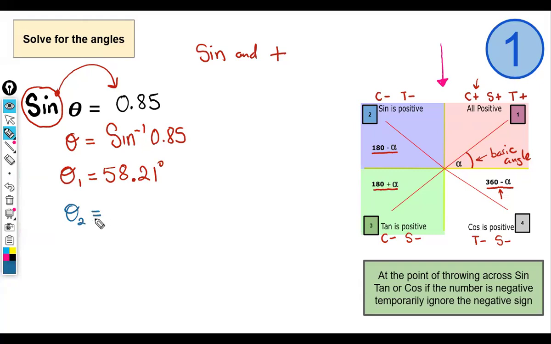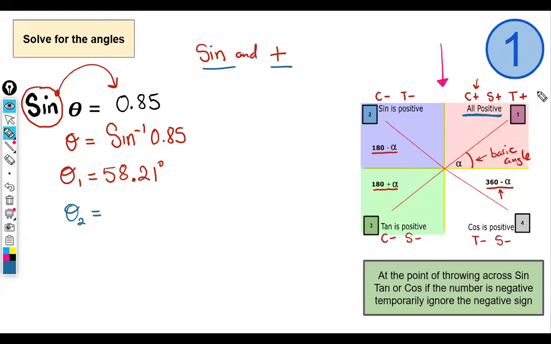Time to get our second answer, theta 2. Where else? Remember, this is a sine and positive question. Sine is obviously positive in the first quadrant. Everybody is positive in the first quadrant. But in which other quadrant is sine allowed to be positive? Look at it good. In quadrant 1, it's understood everybody is positive.